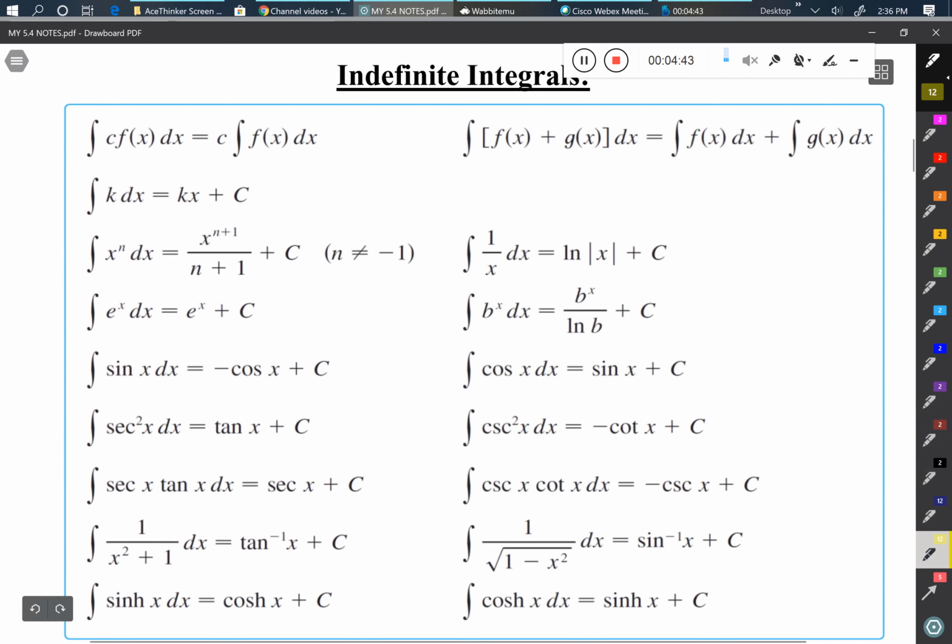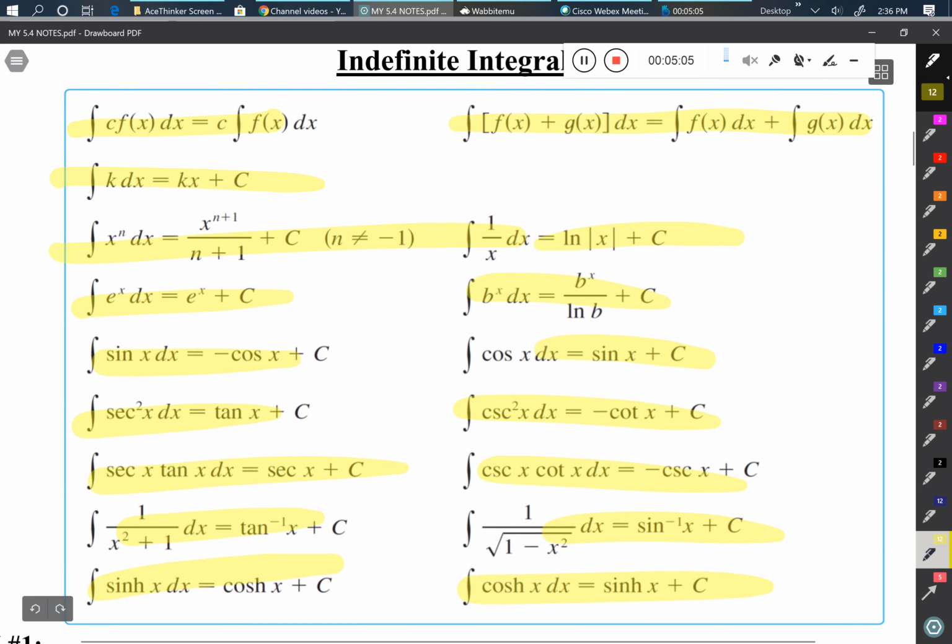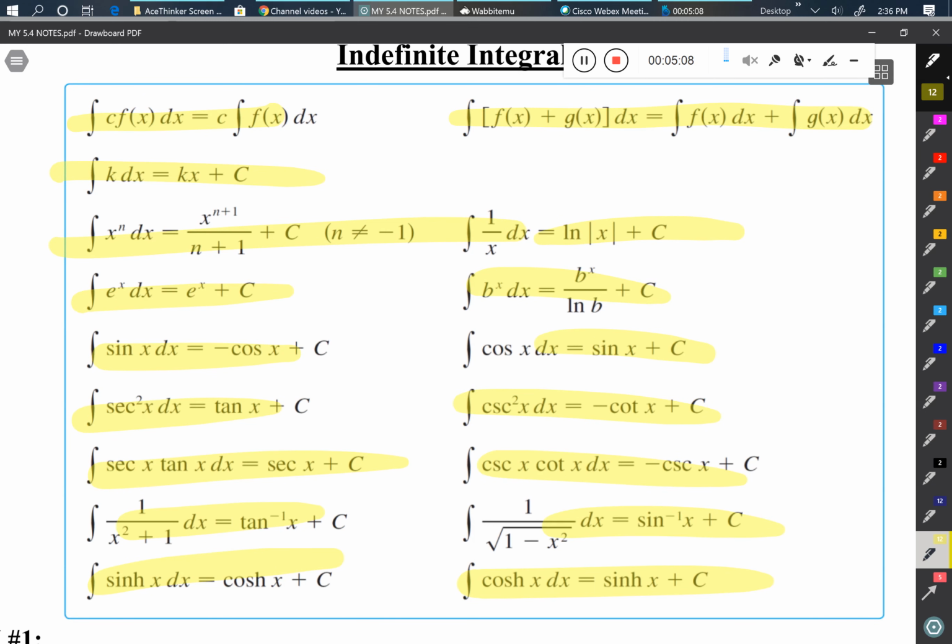I want you to pay very close attention. Look here and here. Do you notice how in neither of those two examples the integral symbol goes away? That's because we did not do the integration. We did not find the antiderivative. But in all of these other examples, when you find the antiderivative, what happens to the integral symbol?